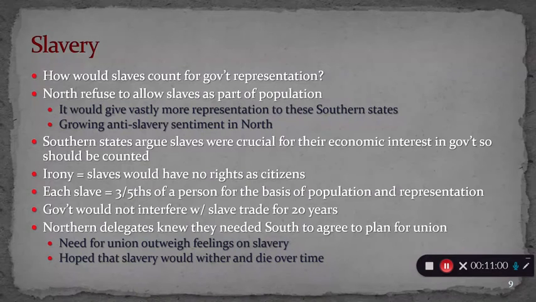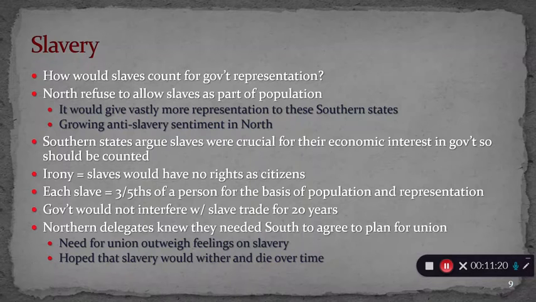You're not allowing horses or mules to vote. Legally speaking, you consider enslaved people to be basically equal to that. If you're not giving the enslaved person a vote, they shouldn't get counted in the number of people living in your state.